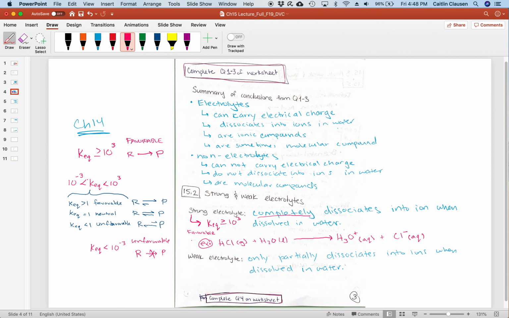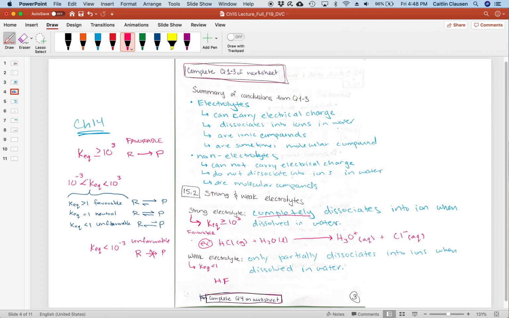For partial dissociation of a weak electrolyte, our KEQ could be less than 1, or anywhere all the way down here.